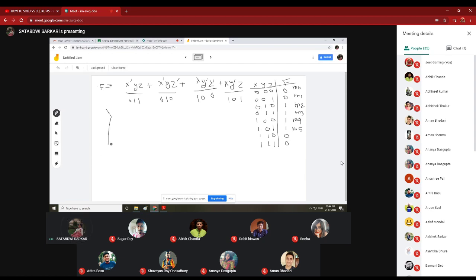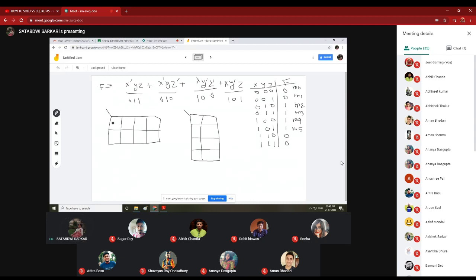There are 2 ways to design the K-map for 3 variables. This is one pattern. Another pattern is this. So any way you can use.